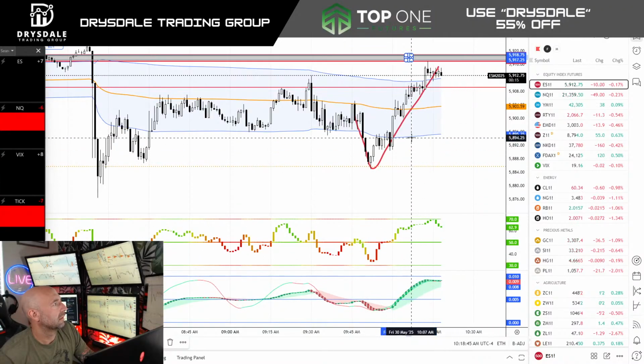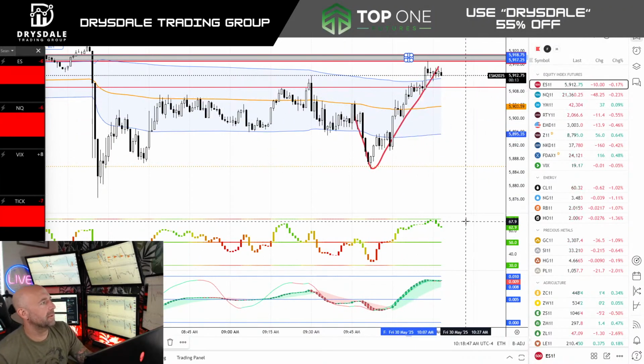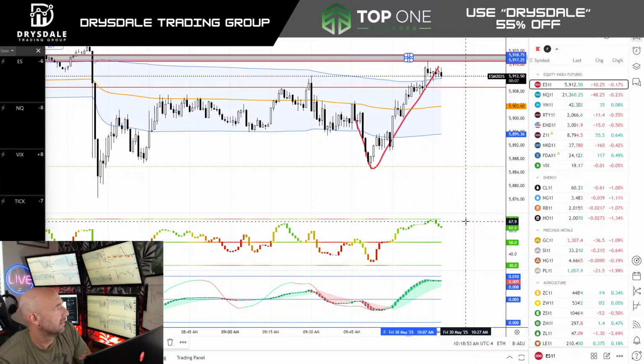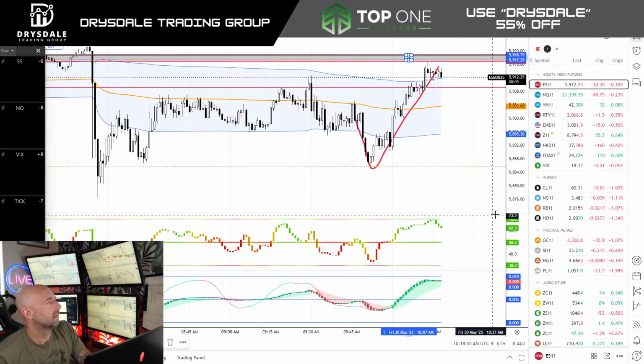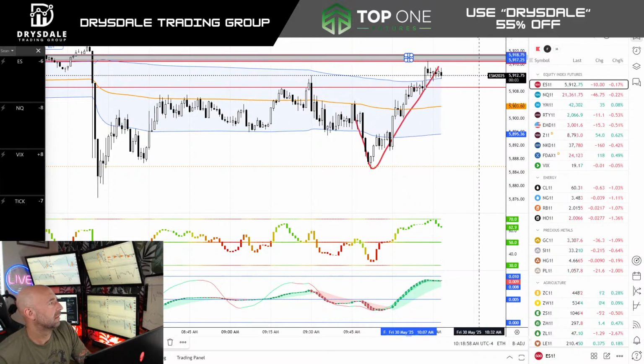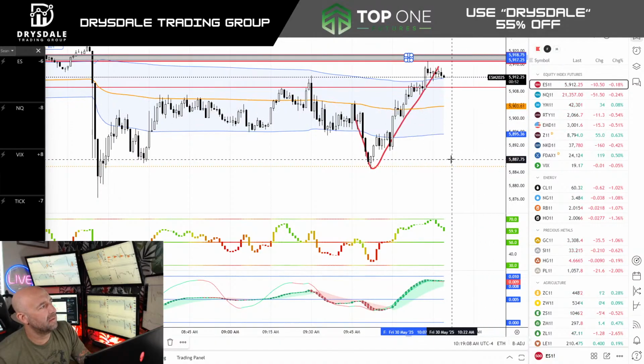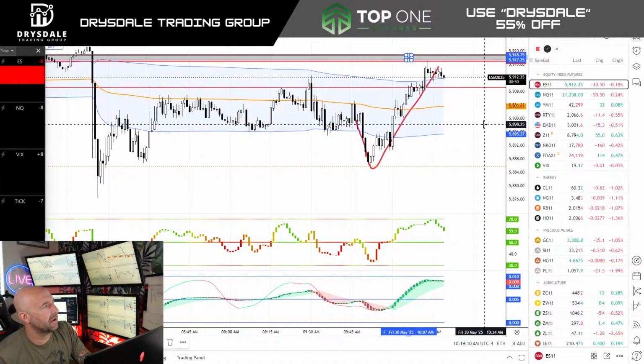So we do have some selling pressure coming in. See if we can break through this upper band. So we have a flat VWAP, indication of a balanced market.